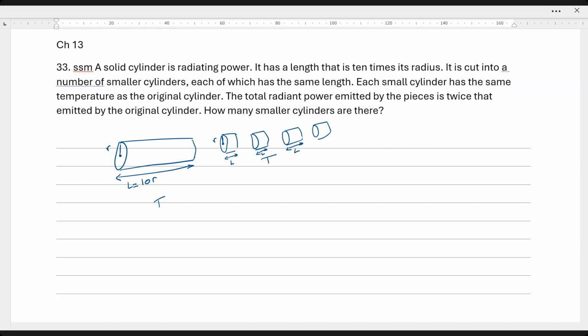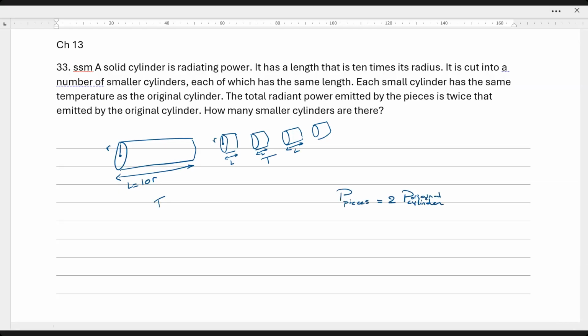The total radiant power emitted by the pieces is twice that emitted by the original cylinder. So I can represent this as the power of the pieces is 2 times the power of the big cylinder itself. I'll name this the original cylinder. How many smaller cylinders are there?